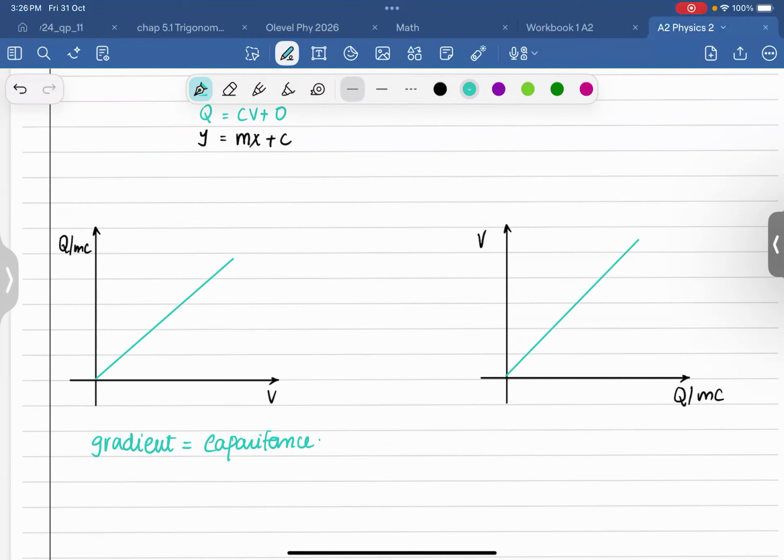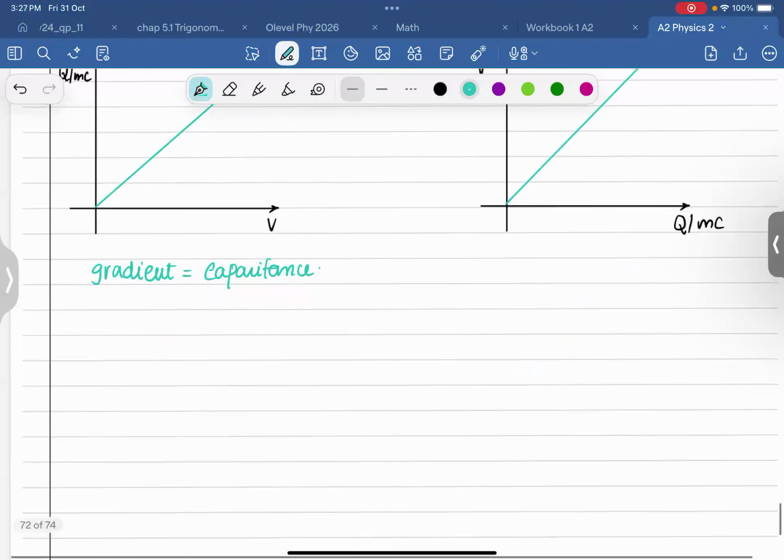The gradient would be 1 over the capacitance, 1 over C.